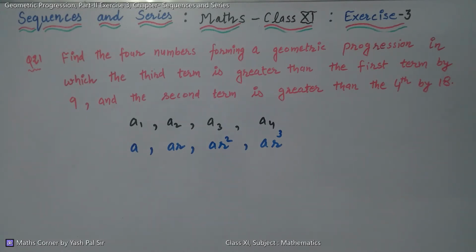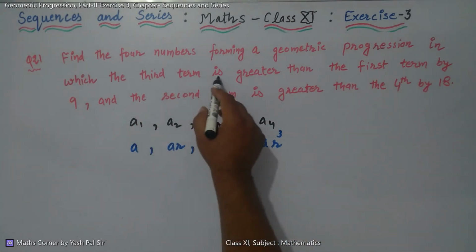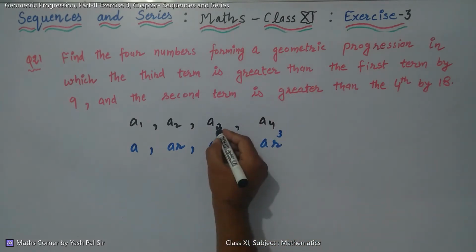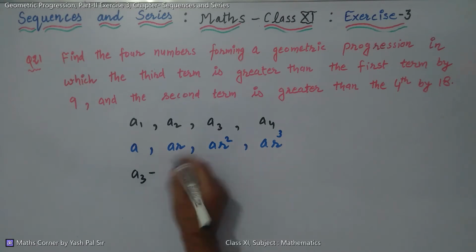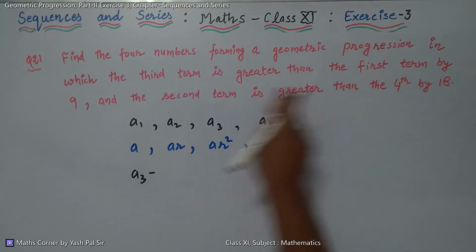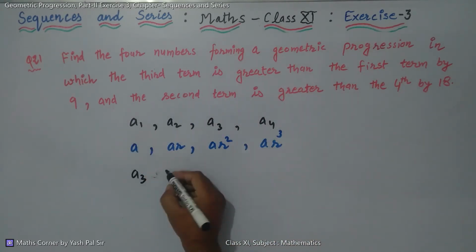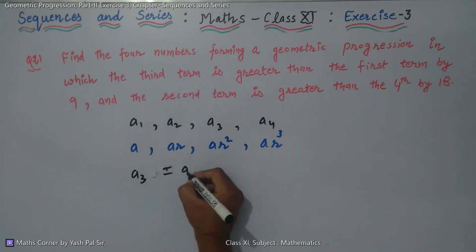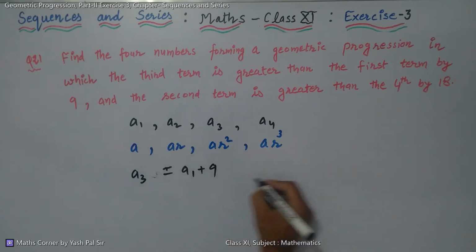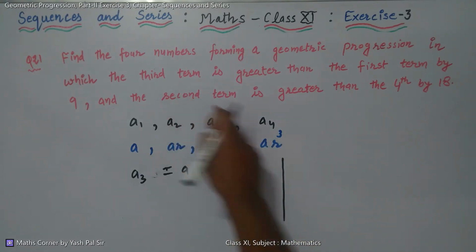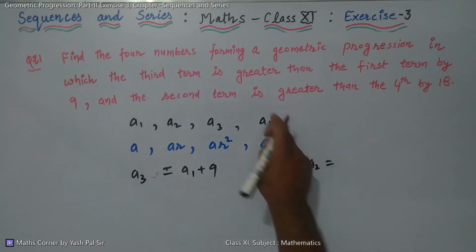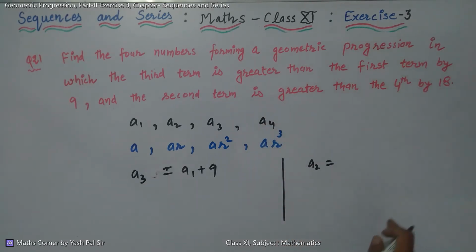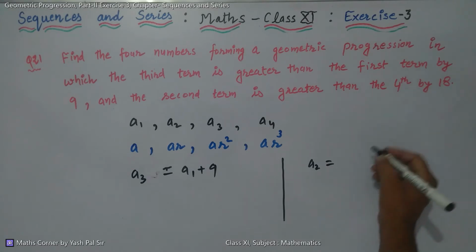First condition is that the third term a3 is greater than the first term by 9. This is equal to a1 plus 9. This is the first condition. And the second condition is that the second term is greater than the fourth by 18.